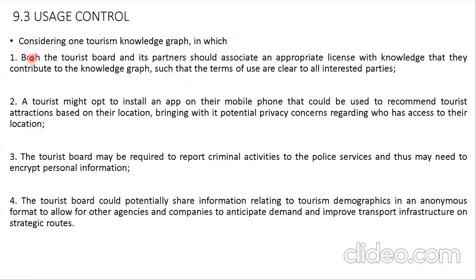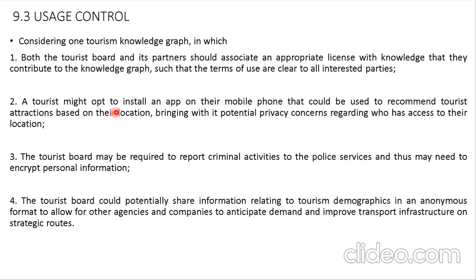We may see the need for usage control in the considered tourism knowledge graph here, in which both the tourist board and its partner should associate an appropriate license with knowledge that they contribute to the knowledge graph, such that the terms of use are clear to all interested parties.